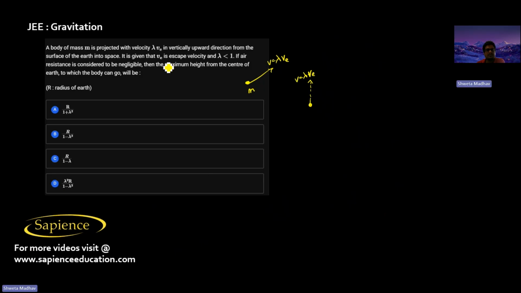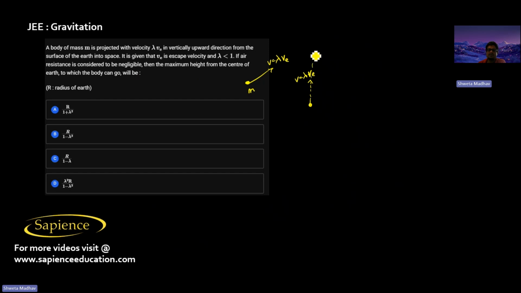It is given that v is the escape velocity and lambda is less than 1. If air resistance is considered to be negligible, then the maximum height from the center of the Earth to which the body can go is?